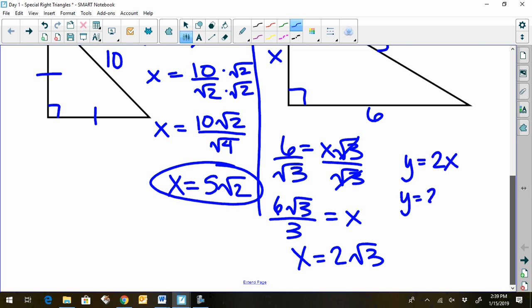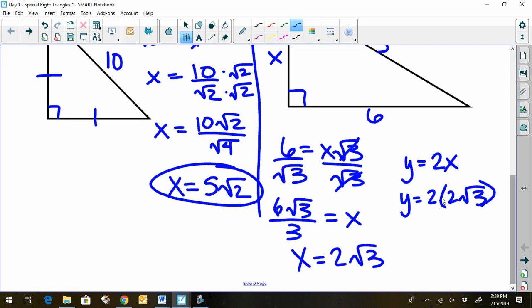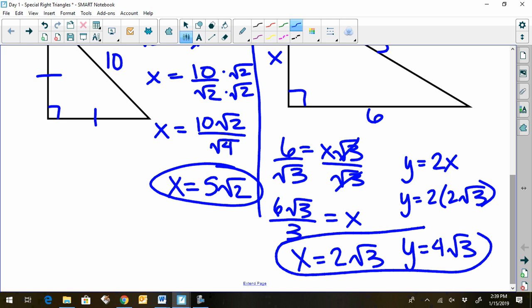And then we know what our x is, so we're going to do 2 times the square root of 3. And we can multiply our constants here, not the radical, but the 2 and 2. So we end up with y equals 4 times the square root of 3. And those are our answers.